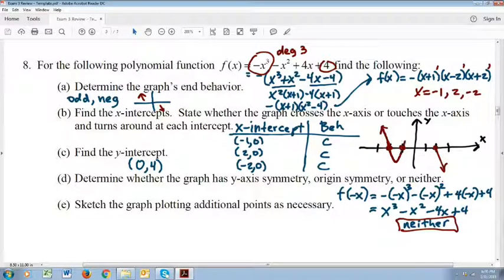We have to eventually come back up here and cross, and eventually we'll come back down and cross. So notice that matches my end behavior. We could put our y-intercept at 0, 4, but that's not really that important. We don't know that that's the highest point, so what we have here is good enough. Let's go ahead and move on to the next problem.